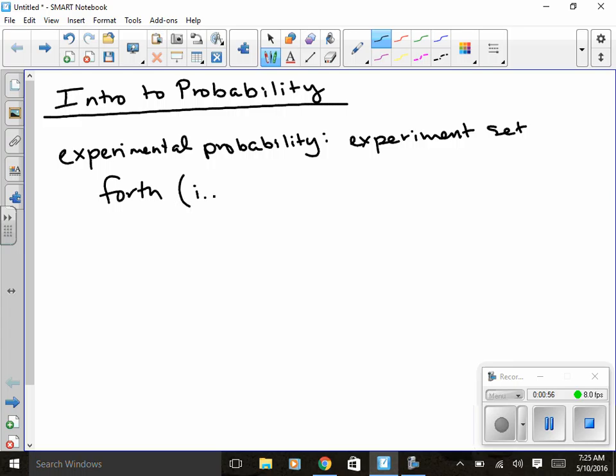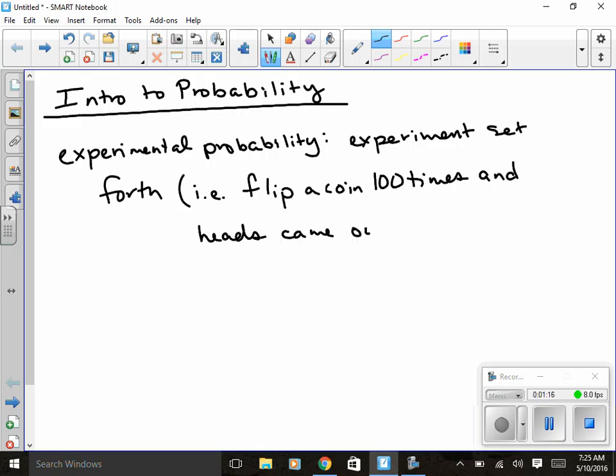So for example, if I were to flip a coin, let's say 100 times, and heads came out 56. So my probability then would be 56 over 100. And that's because it's this experimental probability. We flipped a coin 100 times and it ended up being that the heads came out 56 times.